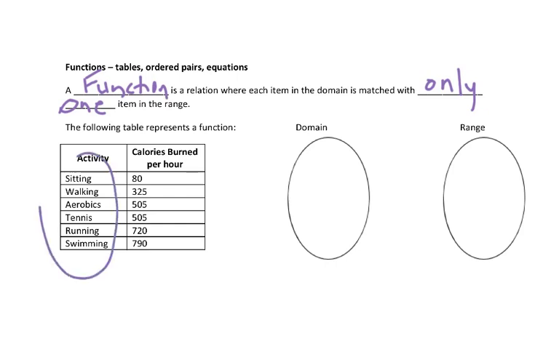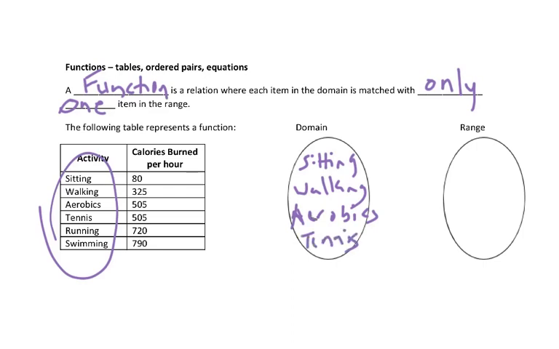The things that are in the first column would be the domain. So sitting, walking, aerobics, tennis, running, and swimming.